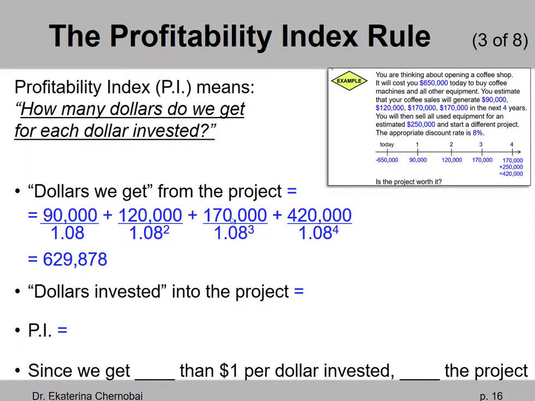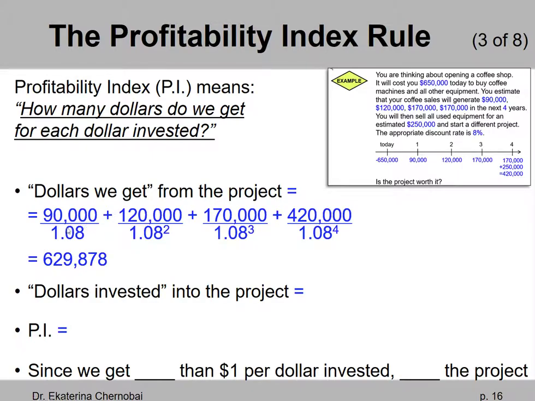And just like with the net present value approach, we are doing the same exact thing. We are discounting one by one each future cash inflow, and then we are adding up the 4 individual present values.